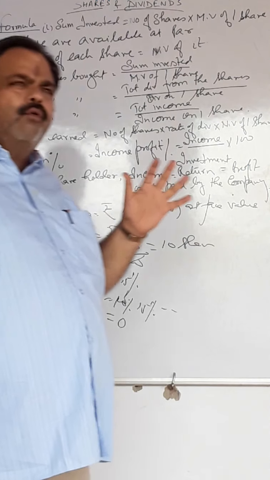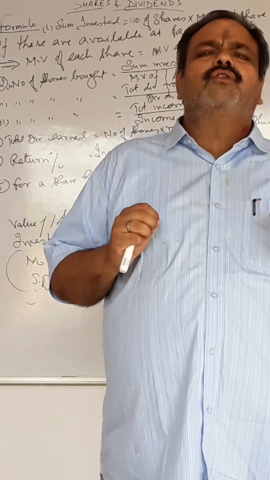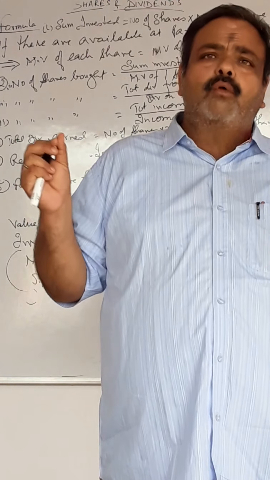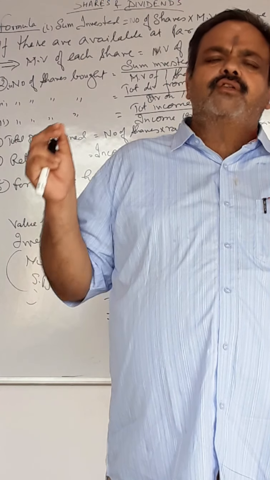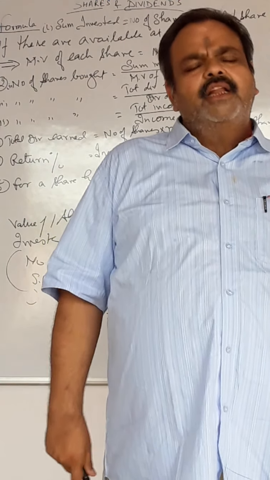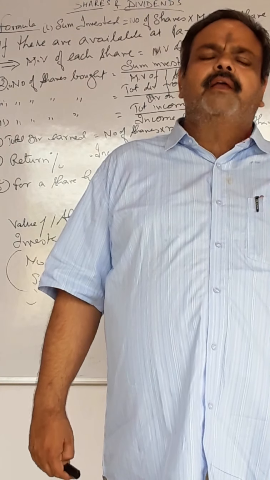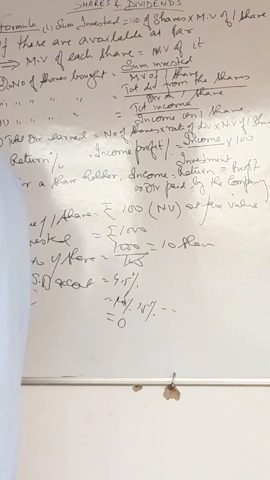So before going through the exercise, students, I would like to request you, please read the questions twice. Then you start. Questions are very easy, the language may be a little bit difficult. So come to exercise 3A.